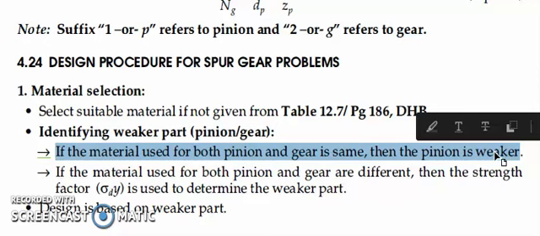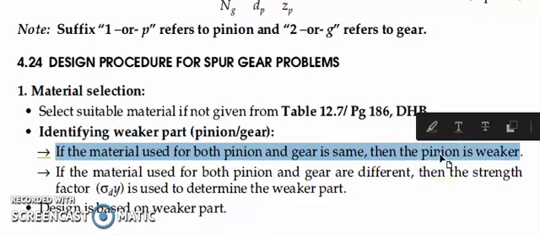So we need to identify which one we have to design, the gear or the pinion. If the material used for both pinion and gear is the same, say cast iron, then we need to design the pinion only. No need to design the gear.